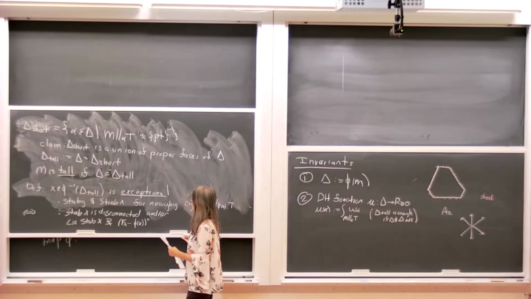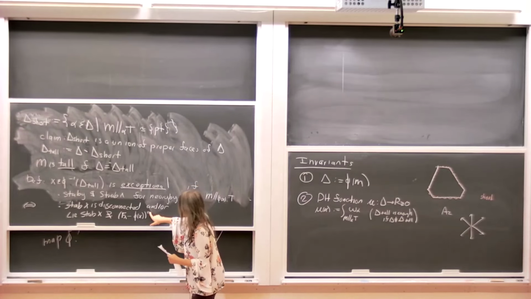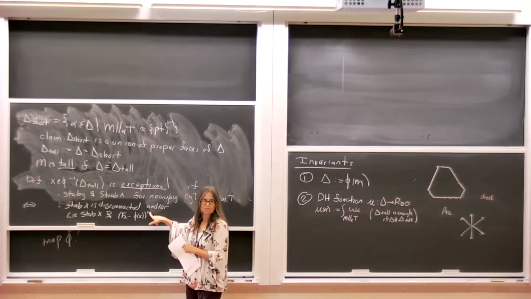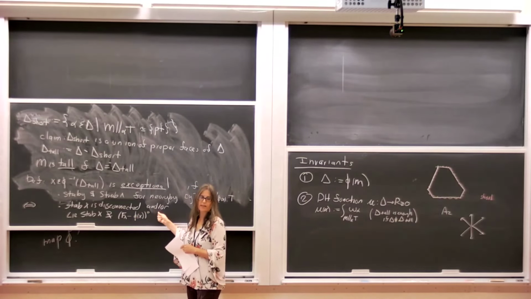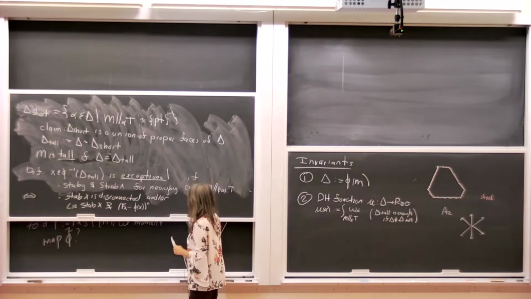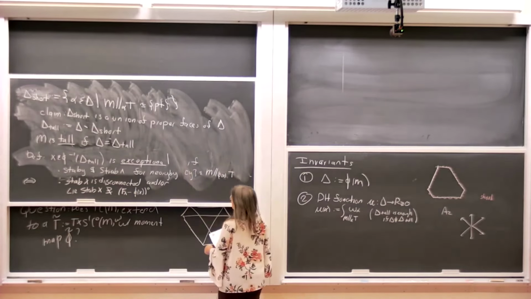What is this circle in the superscript? The annihilator. So this is in T star, and I'm going to T. Good question.